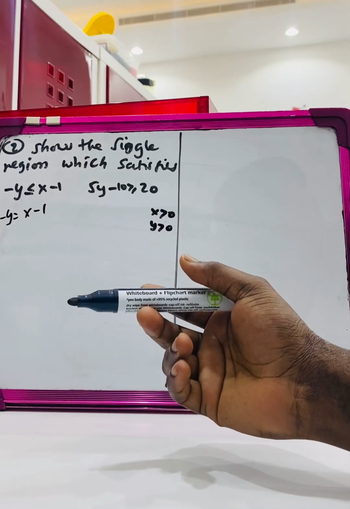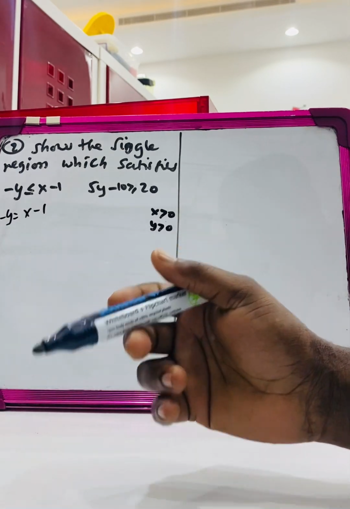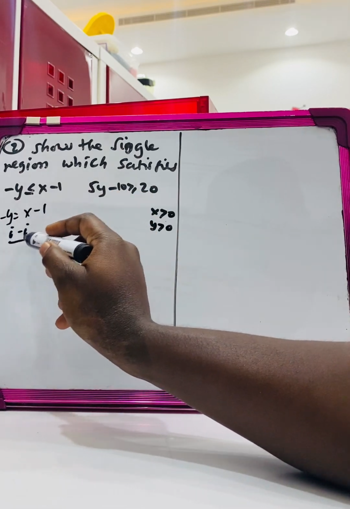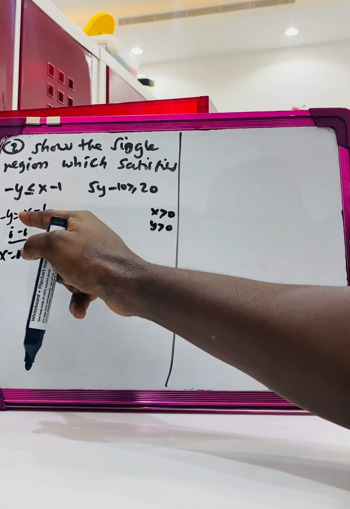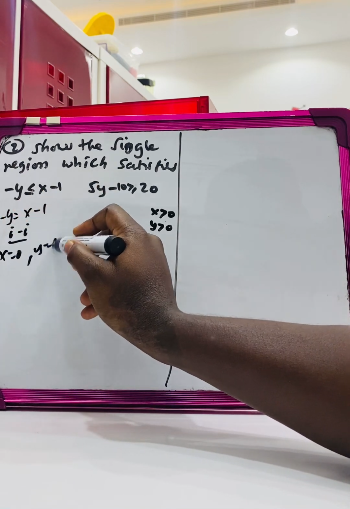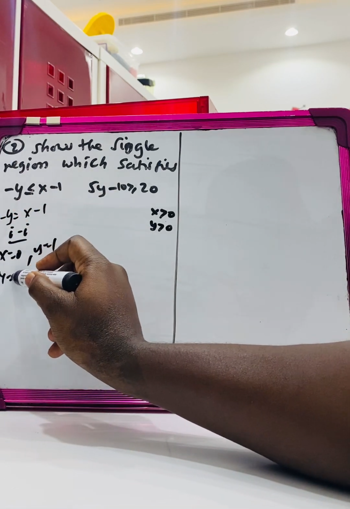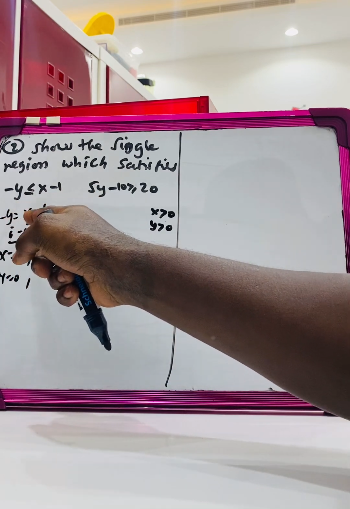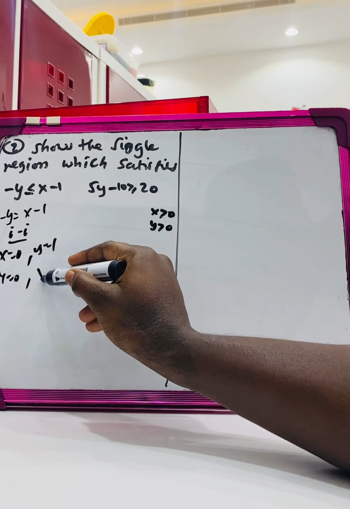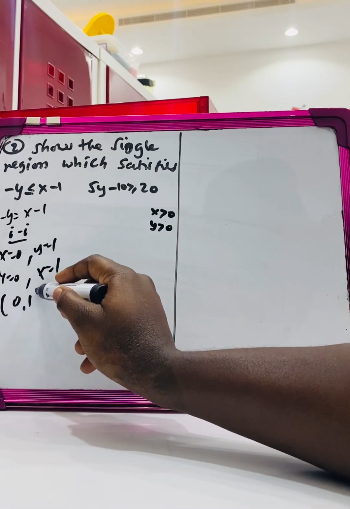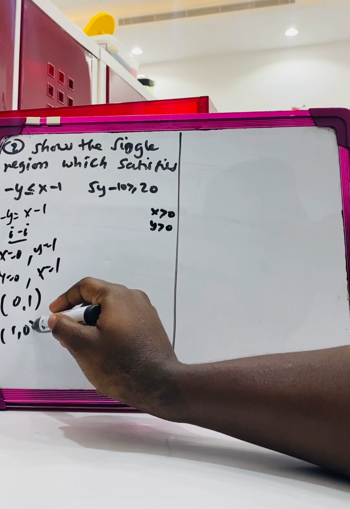I can use any of the 3 methods: intercept, slope-intercept, or table of values. I'll use intercept here. If x is 0, this is 0, so negative y is negative 1, then y is just 1. If y is 0, then 0 is equal to x minus 1, so x equals 1. So I have the 2 points, 0 and 1, 1 and 0.